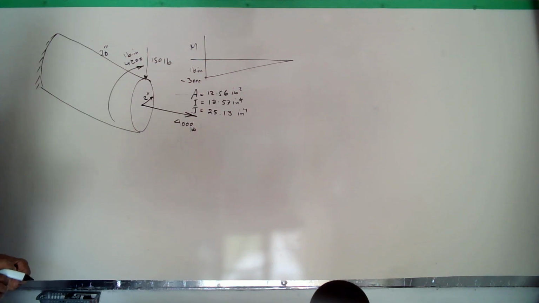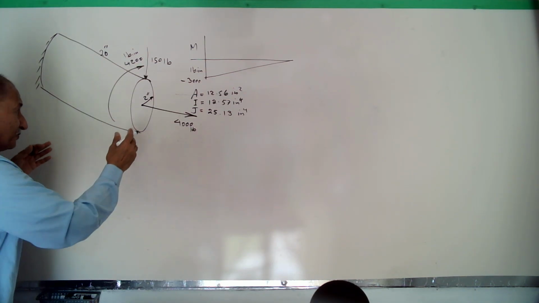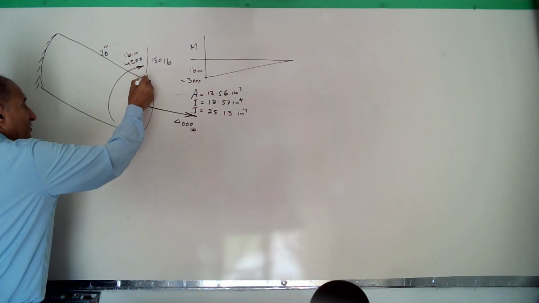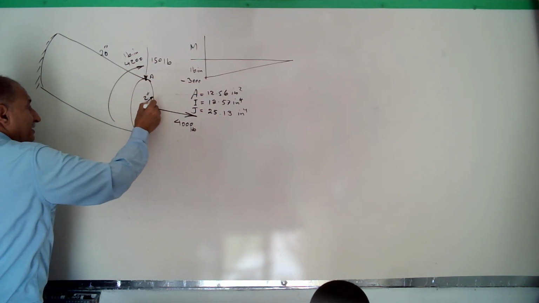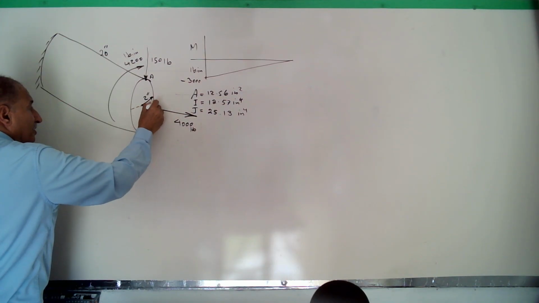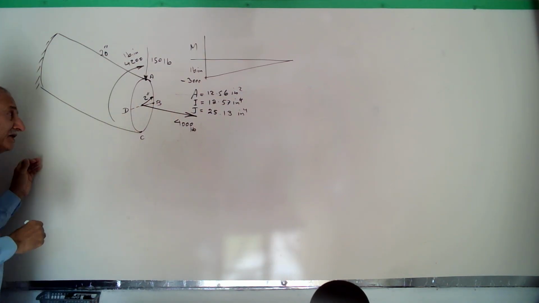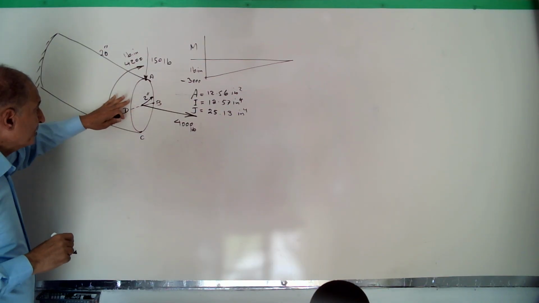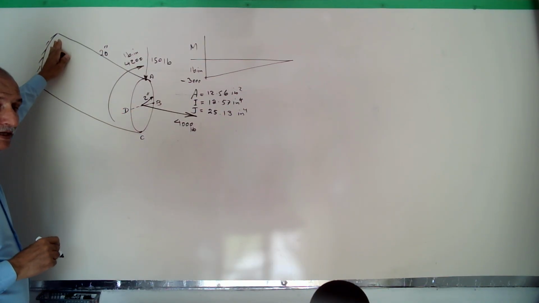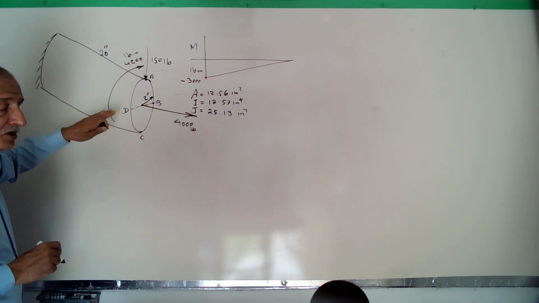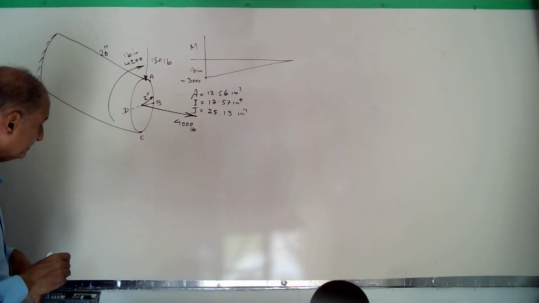Then, after calculation of the properties of the cross section, we look at stress at three points: A, B on the neutral axis, C, and D. You can consider these points at the fixed end as well. A is the point on top, C is on the bottom flange, and B and D are on the neutral axis.